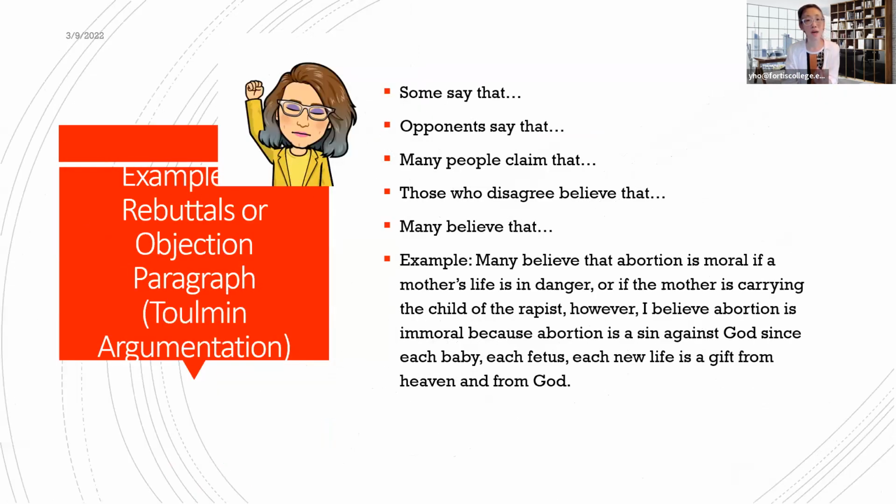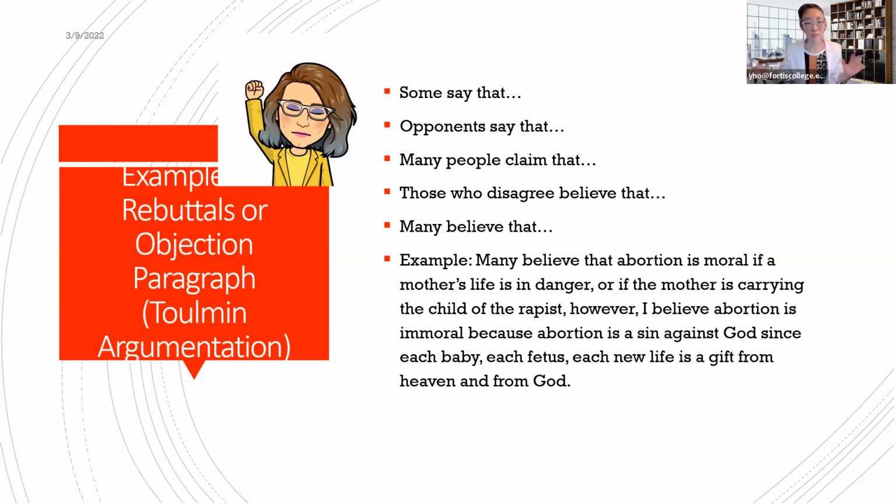And then when you write a Toulmin, you would use some say that, opponents say that, many people claim that, those who disagree believe that, many believe that. These are the things that you would say if you're going to use a Toulmin, in which you just simply state the other side without conceding any points, and then you pivot over and talk about your side.